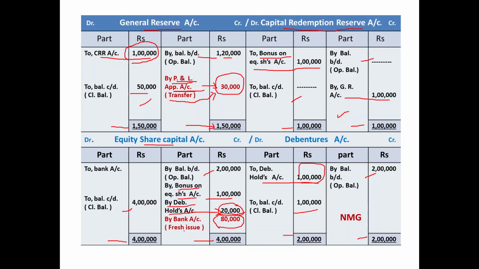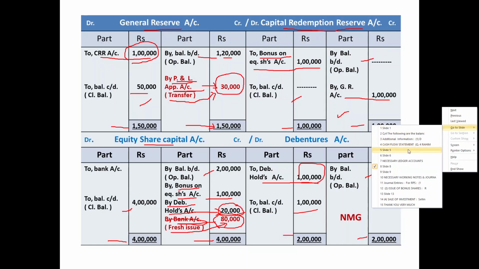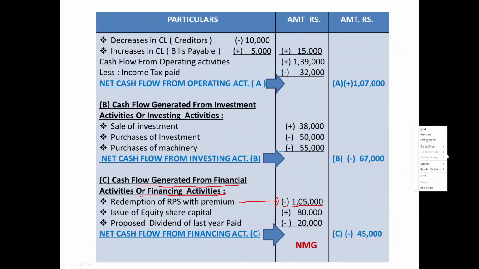And the journal entry that would have been passed: bank account debited to equity share capital account credited, fresh issue. Cash flow impact: the title came bank, indicates cash inflow. Cash flow statement under title C. So let us report it under title C.